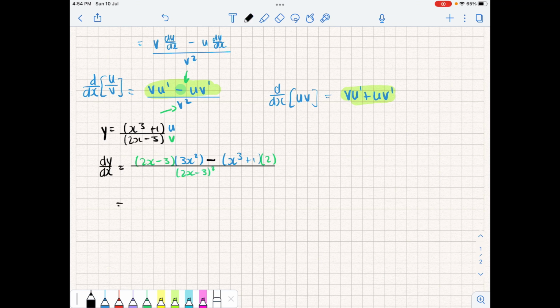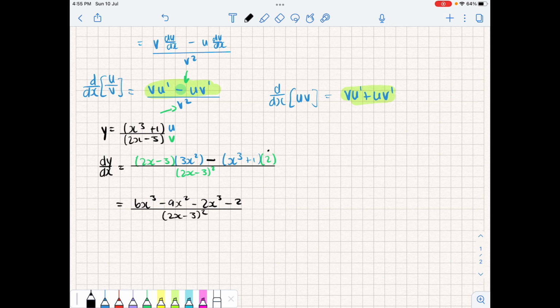And we can tidy this up. There's unfortunately no nice way to tidy this up, so we just expand out. So we get 6x cubed minus 9x squared, and then we have this 2 here, so minus 2x cubed, and then minus 2, all over the denominator squared.